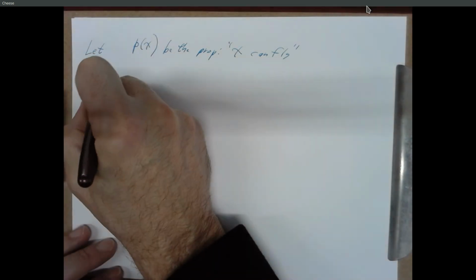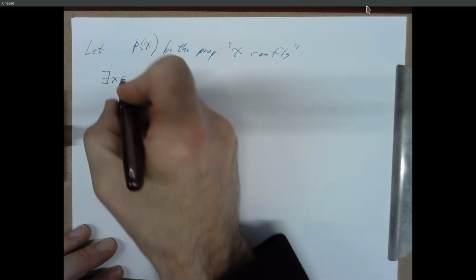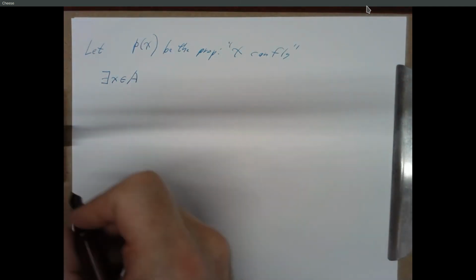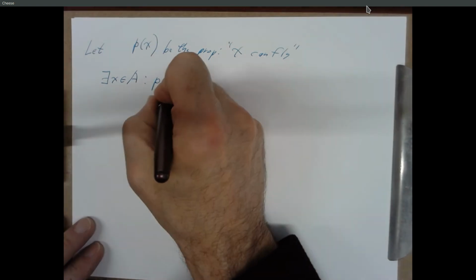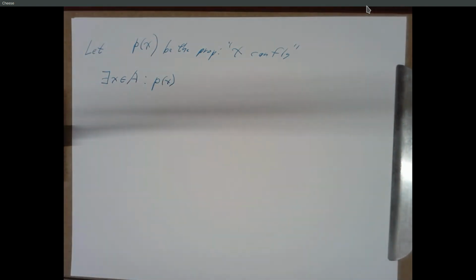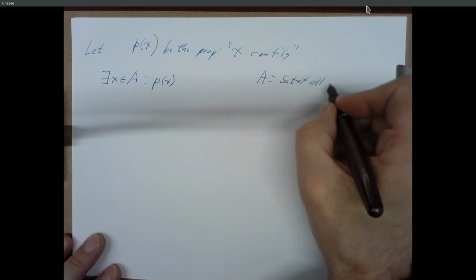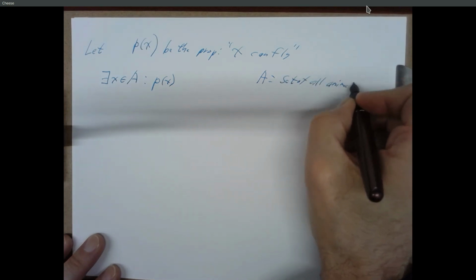And so we can say there exists an X contained in A, where A is the set of all animals, such that P of X is true. That's exactly what it says. There is an element of that set for which P of X is true.